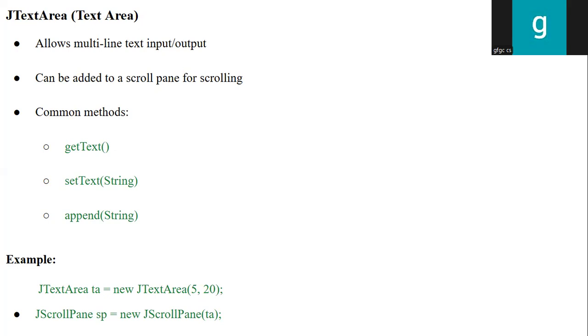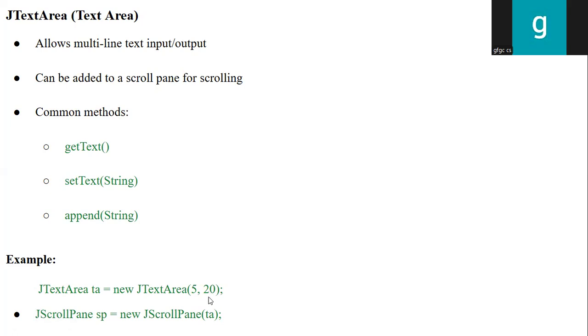Here is an example: JTextArea ta = new JTextArea(5, 20). Next, JScrollPane sp = new JScrollPane. For the text area we need to add multi-line text.